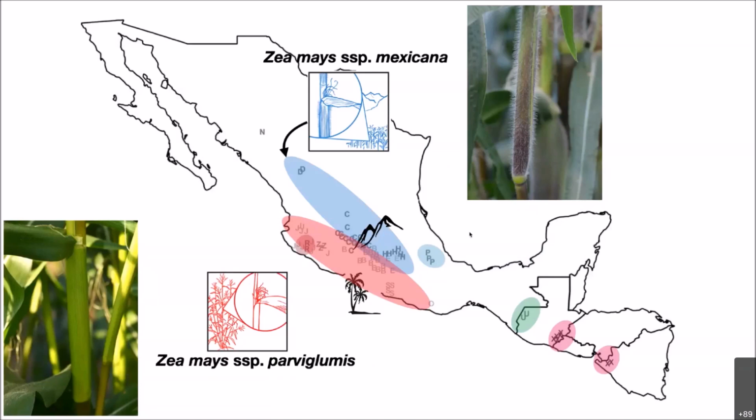And parviglumis is adapted to the low, wetter tropical regions of the lowlands of Southwest Mexico. They differ in a number of phenotypes, from stem coloration and hair density to flowering time, tassel architecture, et cetera, most of which are thought to be adaptations to the respective highland and lowland environments.